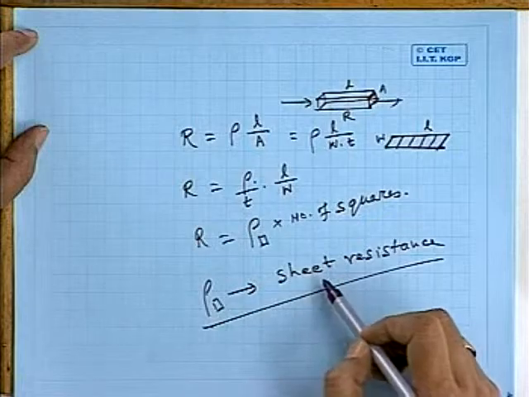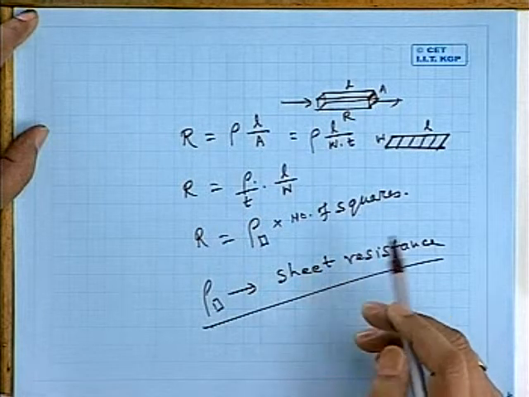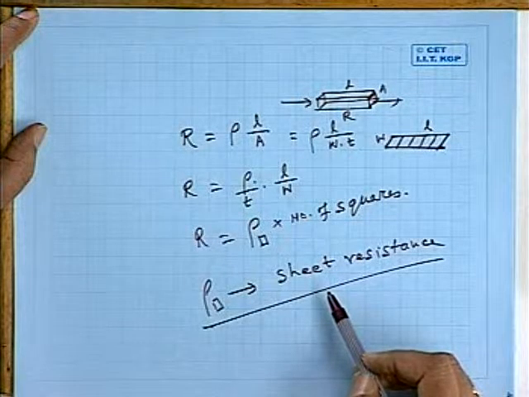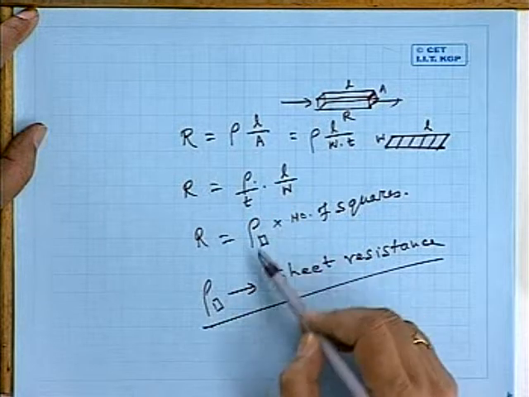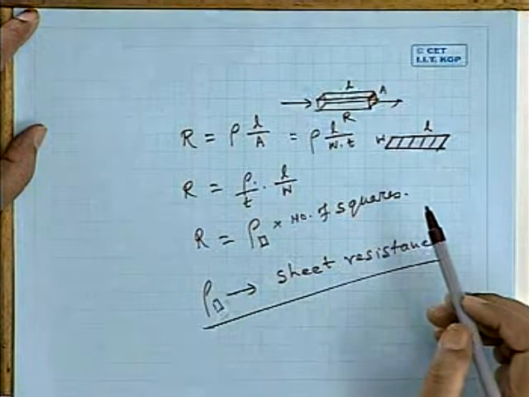So the sheet resistance is determined from the doping level, isn't it? If the doping level is very high, then the resistivity will be very low, and automatically the sheet resistance will be very low. Okay. And then it is multiplied by the number of squares, which is dependent on our design. So that will give you the total value of the resistance.